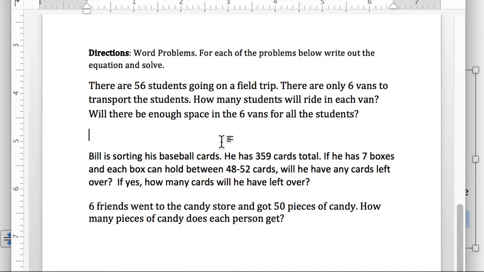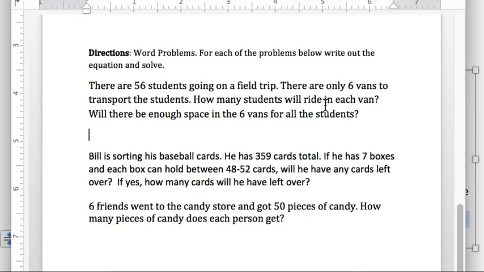But when we think about it a little more closely, there's a problem in that I'm never told how many people each van holds. I'm told that there are 6 vans, but I'm being told to calculate how many students will ride in each van.